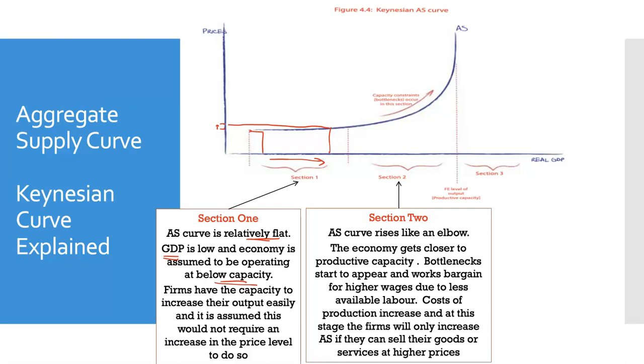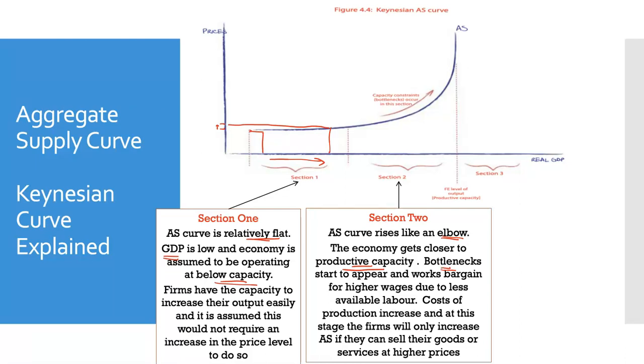As we get to section 2, the aggregate supply curve rises like an elbow. The economy is getting closer to its productive capacity, and it's starting to see some bottlenecks or inefficiencies, some difficulties.